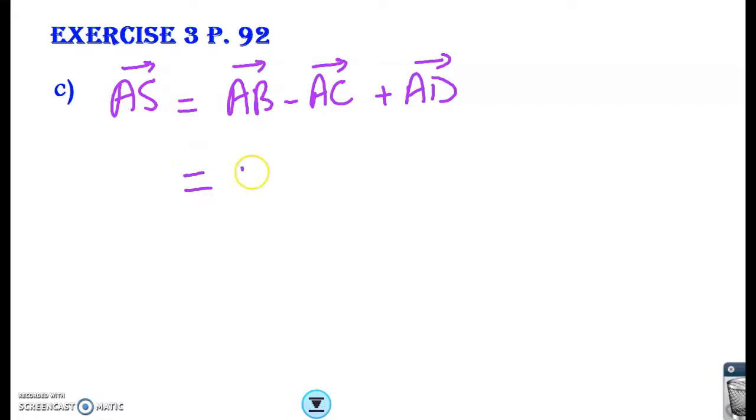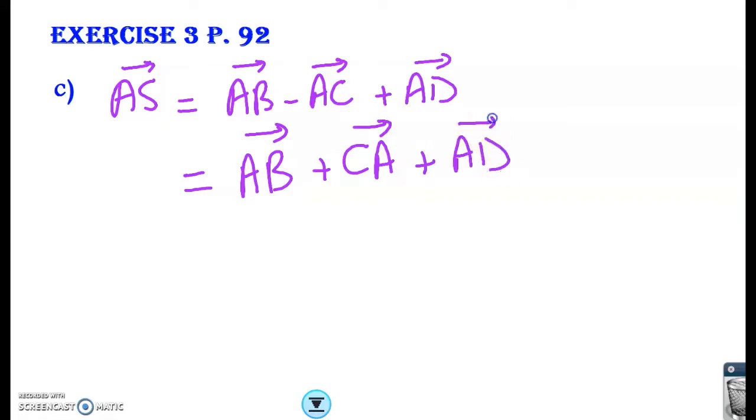I will flip the minus to a plus, so this becomes plus CA plus AD. Notice I can combine CA with AB or with AD. It doesn't matter because the ending here is the same as the starting here, similarly with AB. So I will combine them, so these two will give me CD.